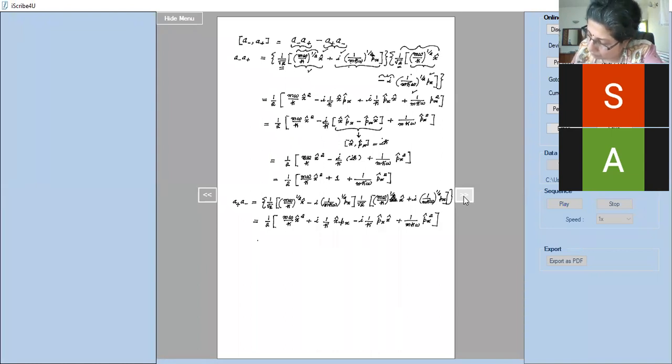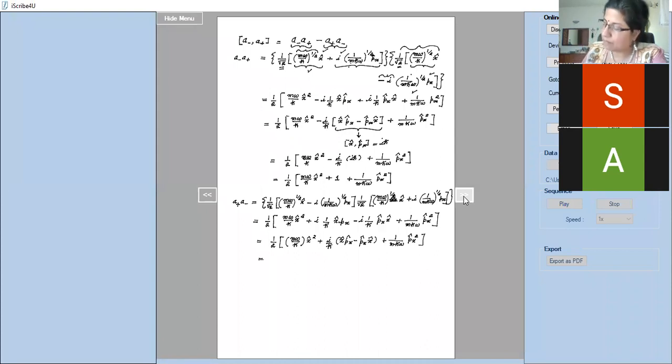Now let's see what we get. We get half of m omega by h cross x square, and then we can write it as i by h cross. We have over here x px minus px x, plus 1 upon m h cross omega px square, right?